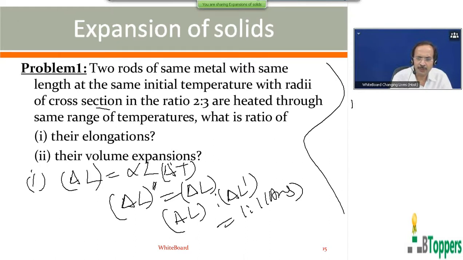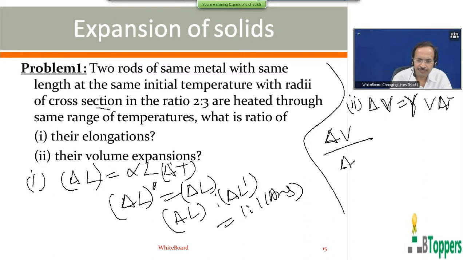So increase in the volume or volume expansion can be written as gamma into original volume and increase in temperature. Both the rods are made up of same metal and they are originally at same temperature. So gamma is same for both the rods.